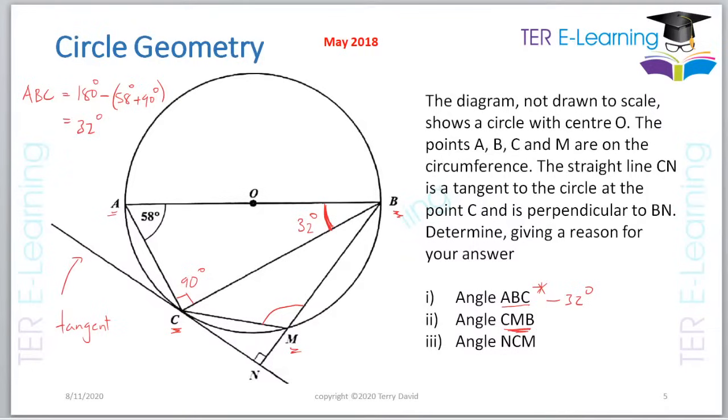All right, I think you're all on the right track here. So you want to get angle CMB, right? Now, after a while, the diagram starts to get a little cluttered, right? So there is a rule when it comes to a cyclic quadrilateral.